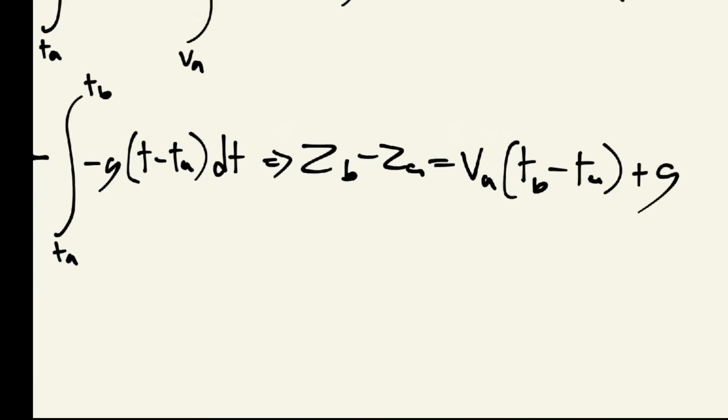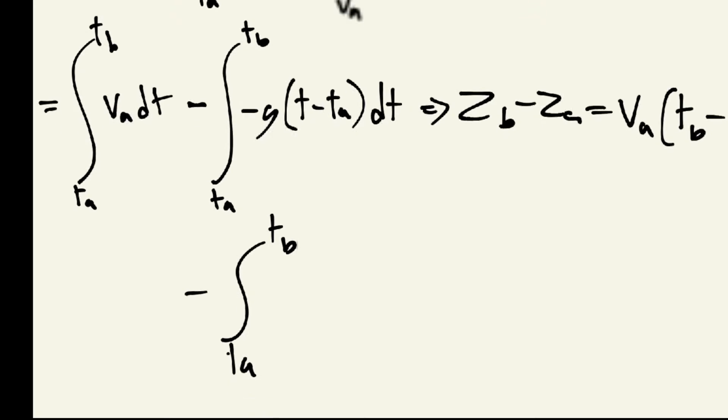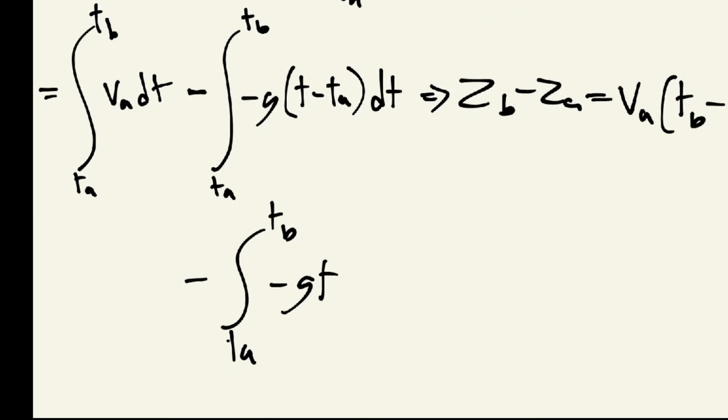I guess what we could do is we could think of it as we're going to distribute the g. So it's going to be t sub a, t sub b, minus t sub a, t sub b, minus gt, plus ta, and then all of that times, plus g, ta, and then all of that times dt.